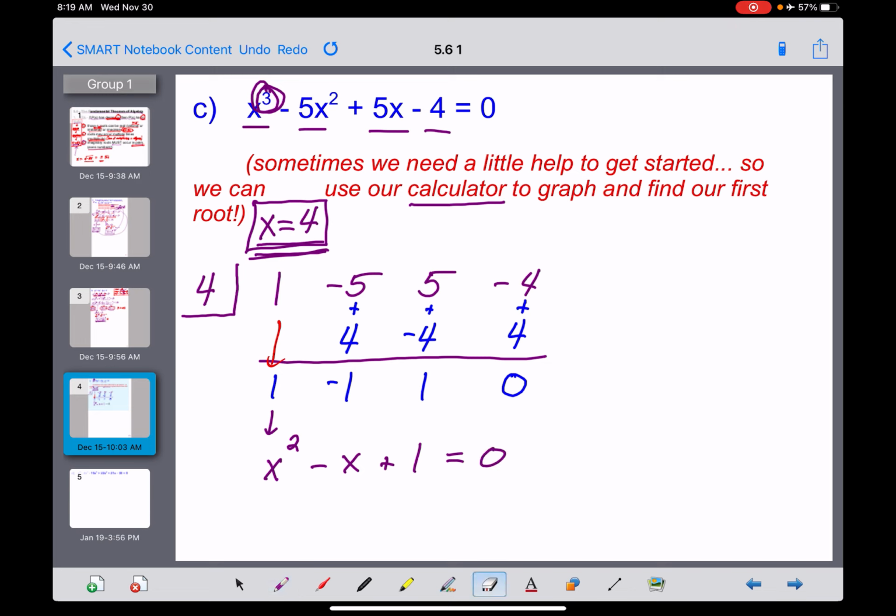Now, what we've really accomplished, this part isn't hugely important here, you guys, but we just came up with a way of factoring this polynomial right here. Since 4 was one of our roots, x minus 4 is a linear factor of that polynomial. And what's left then is the polynomial quotient that we came up with right here, x squared minus x plus 1.